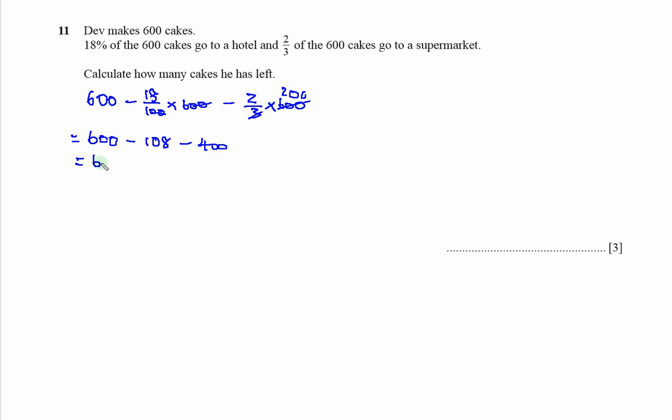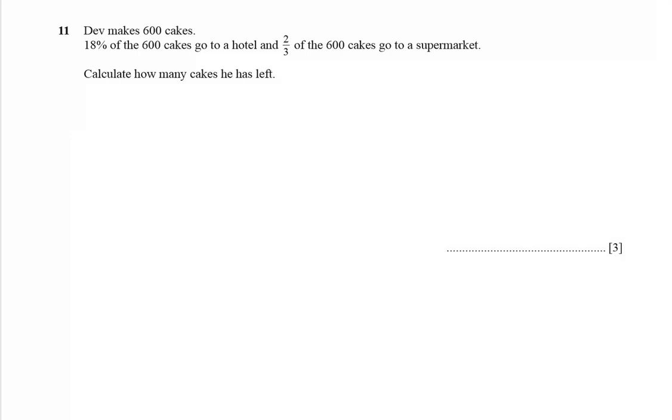So 600 minus 508 will give you 92, so he is left with 92 cakes. Okay, now let's go to the next one.